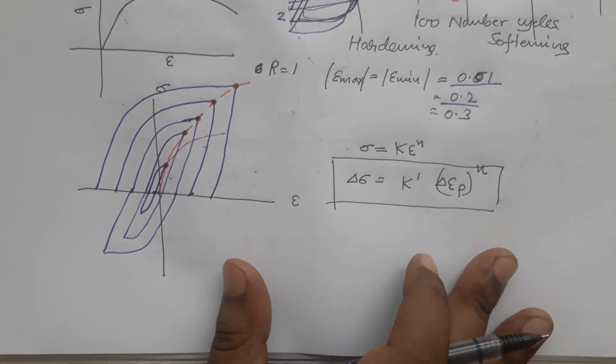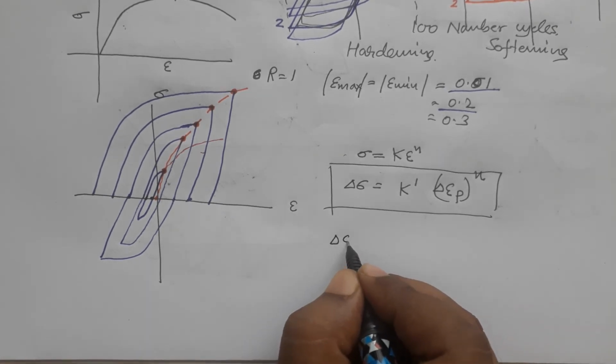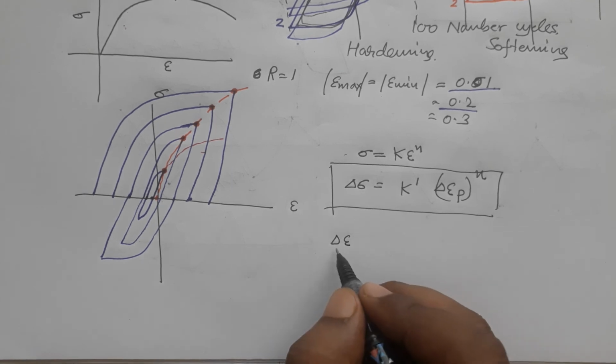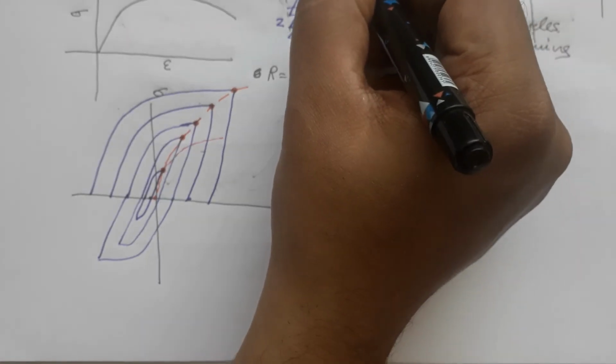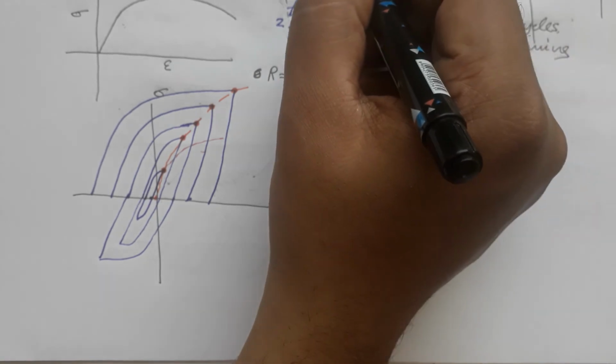Apart from this, if you break the total strain as we have done earlier, the total is half of the strain, so this is half of my complete cycle, right.